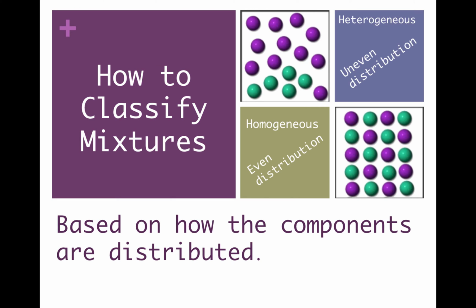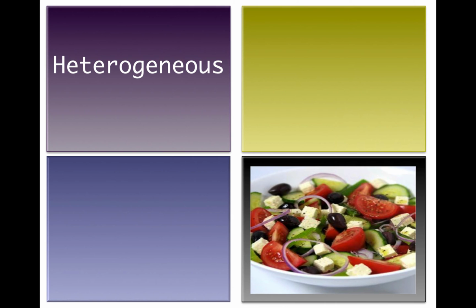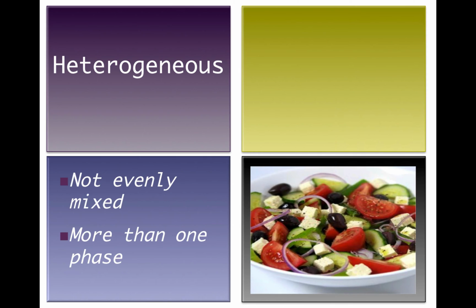Heterogeneous, homogeneous. Look at that Greek salad. That is definitely a heterogeneous mixture. Notice that the components are not evenly mixed. Notice that there's more than one phase. You can see the borders between the components of the salad.